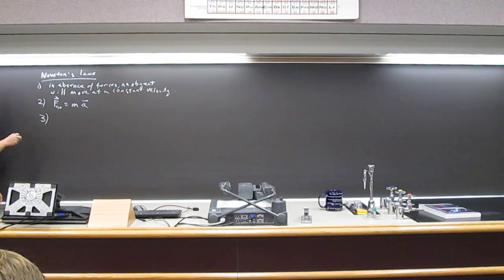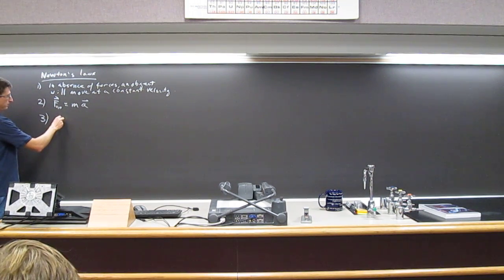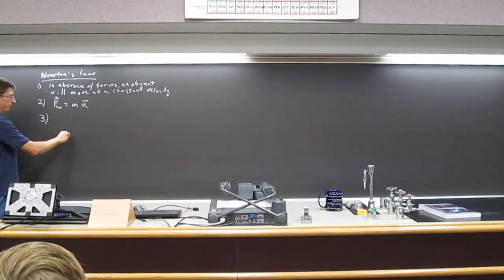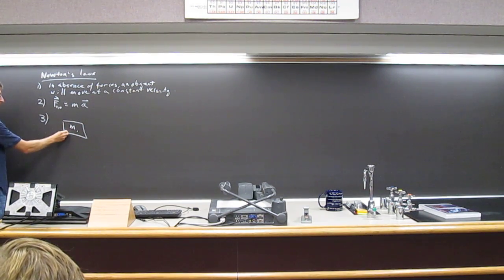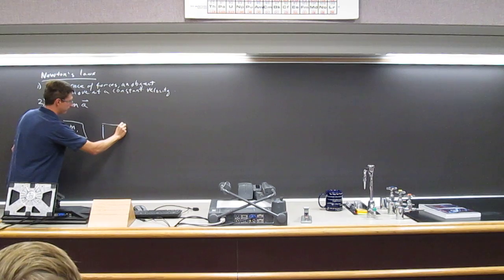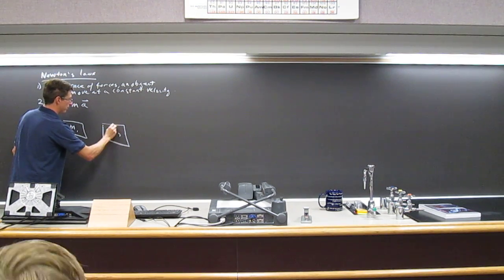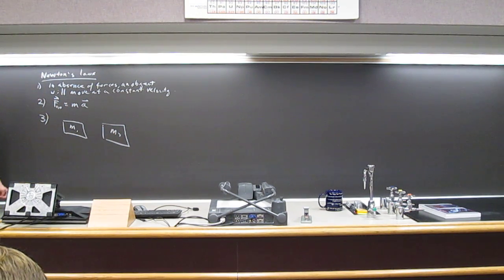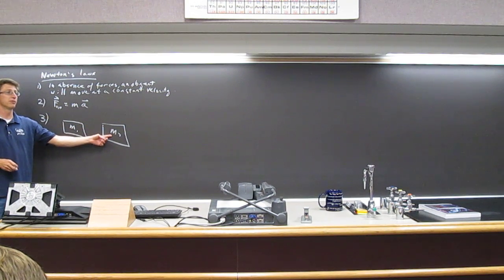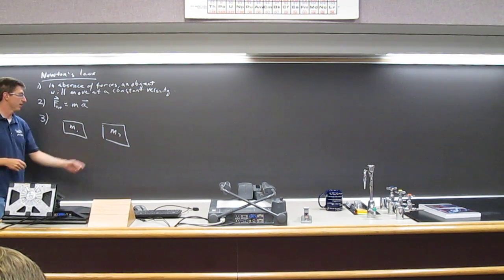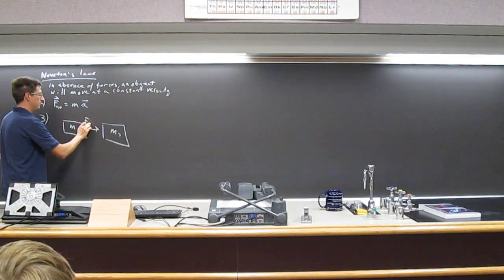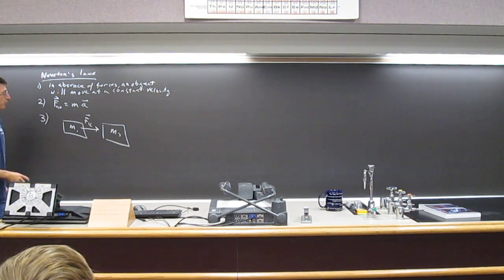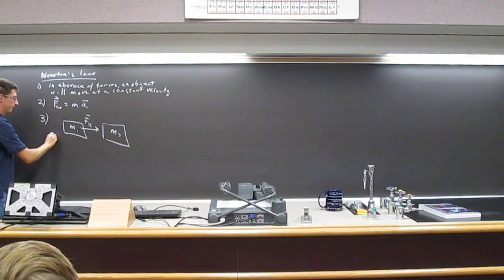And then the third law, this is going to be a little bit confusing, but suppose I have 2 masses, M1 and M2, and let's suppose that M2 somehow or other, it doesn't really matter how, exerts a force on mass 1, and I'll label that force F12.